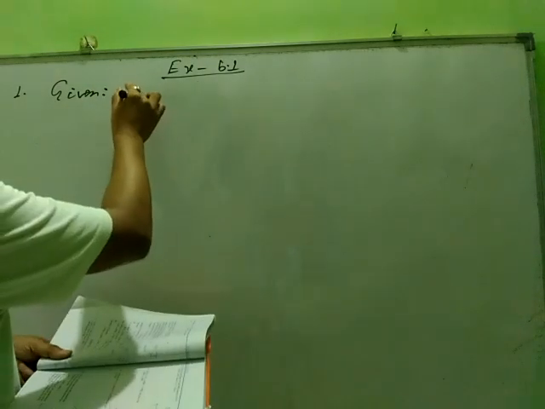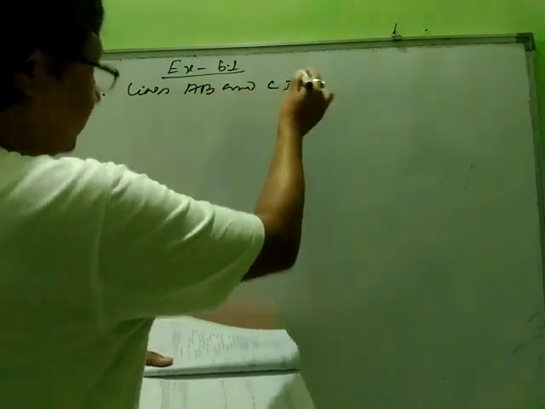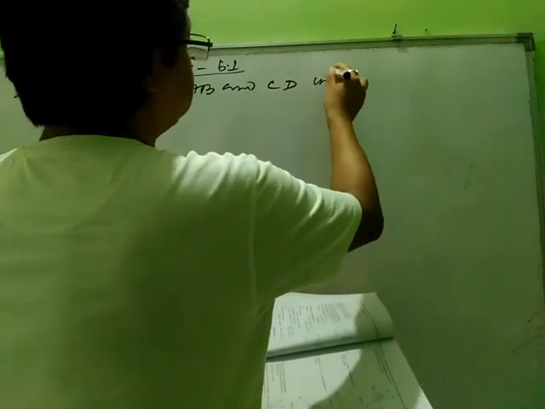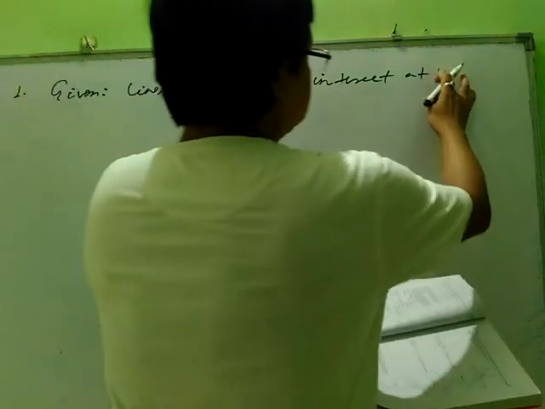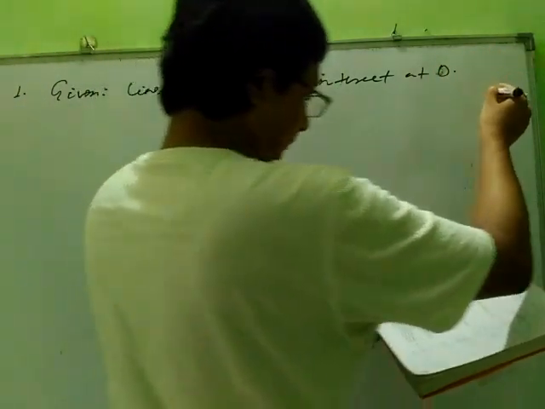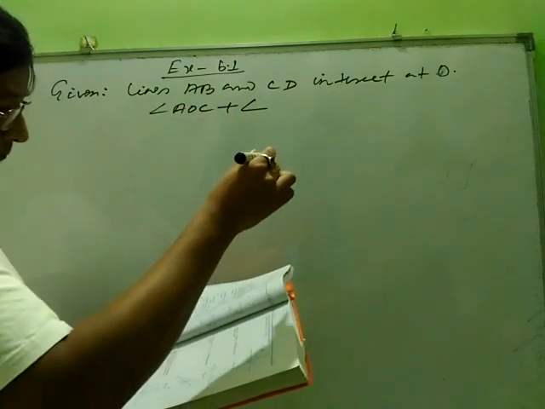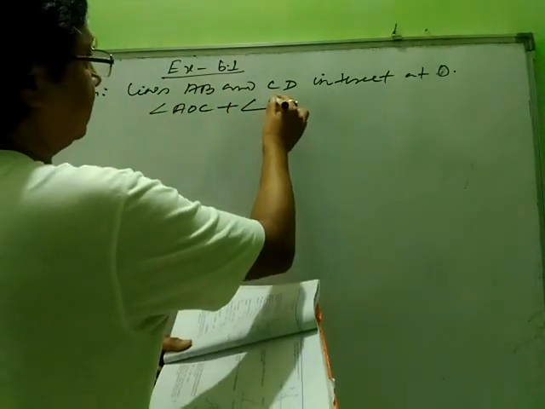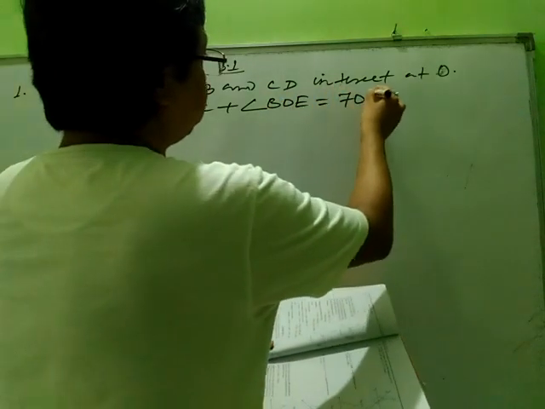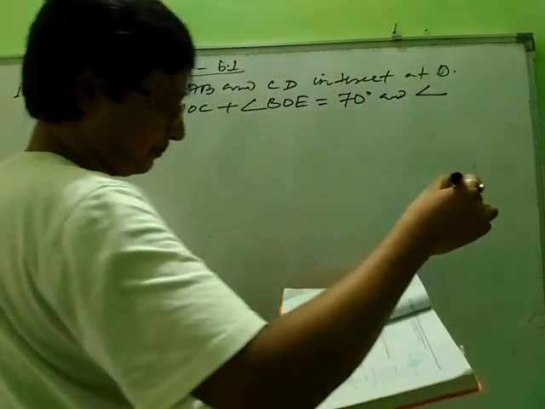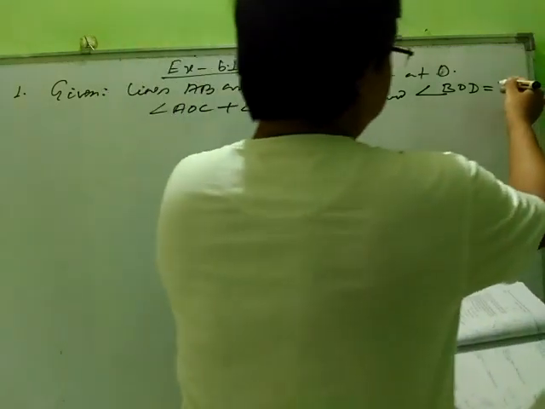So here they have given that the lines AB and CD intersect at O, angle AOC plus angle BOE equals 70 degree and angle BOD equals 40 degree.